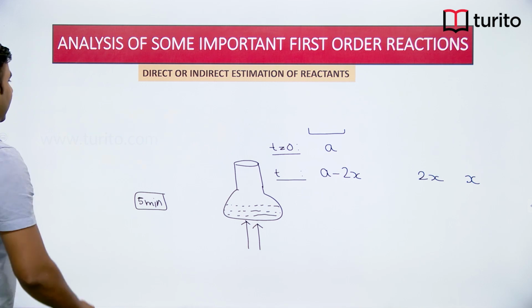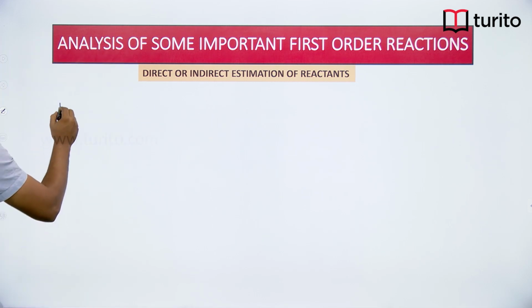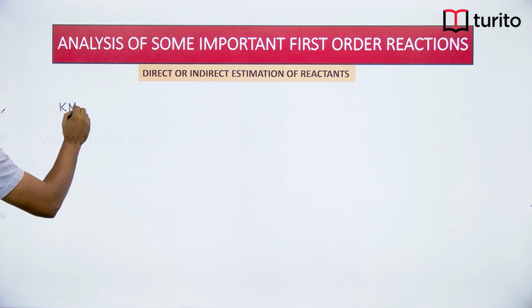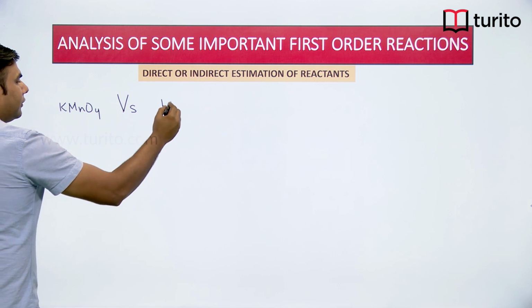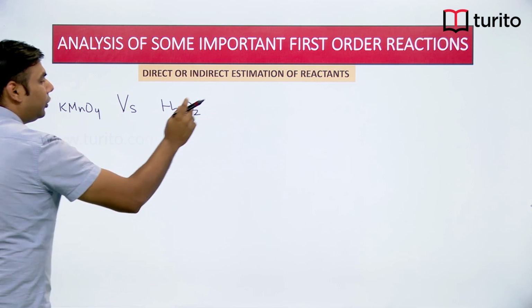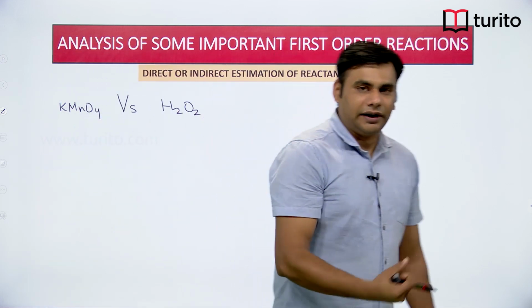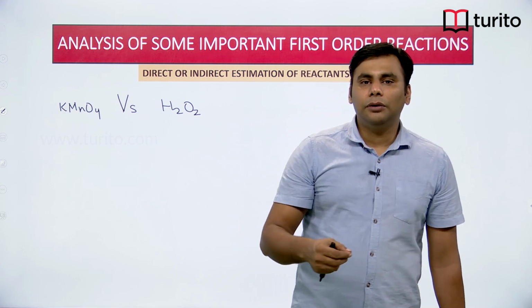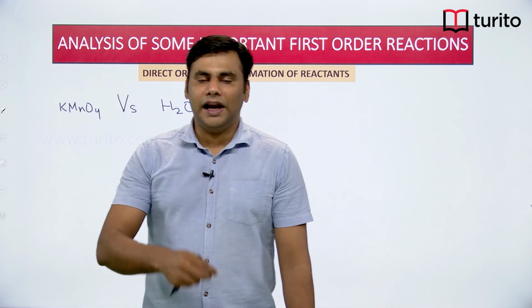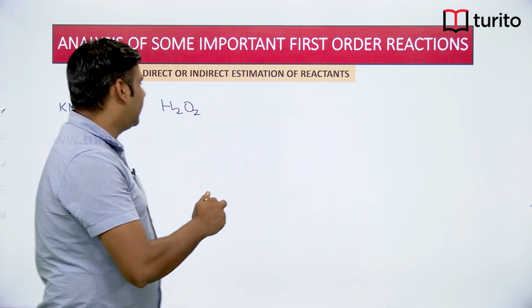Okay, so let me take an example for this now. Suppose we are taking KMnO4 in acidic medium and titrating it with H2O2. We are not titrating with the entire amount of H2O2 that was present in the reaction. We have started the reaction, and after some interval of time we are taking out some portion of the reaction mixture and titrating it with KMnO4.